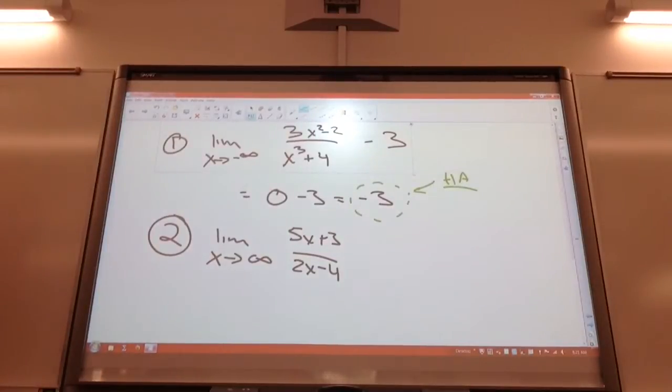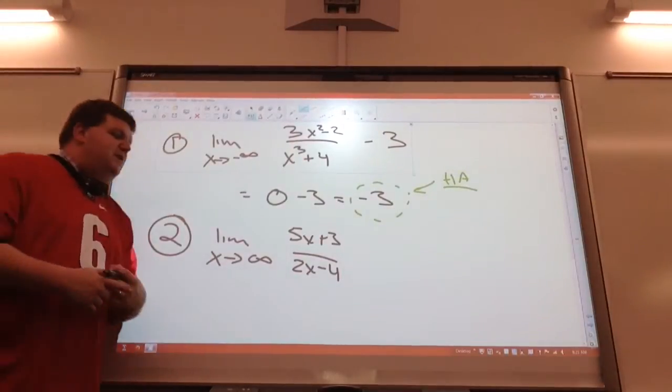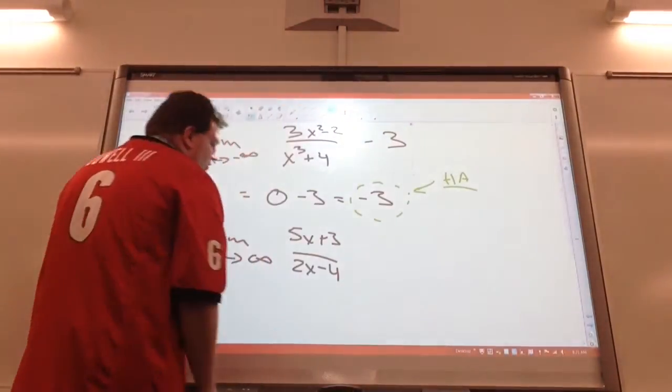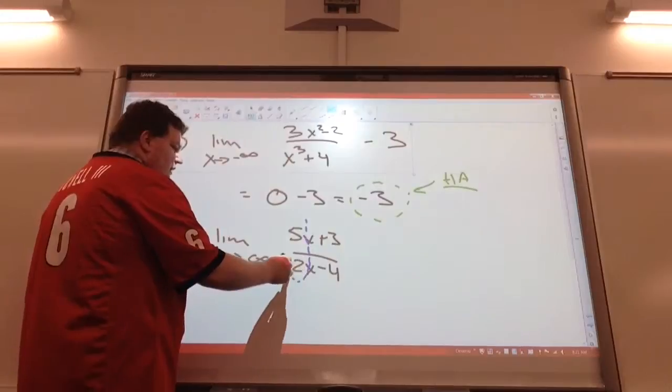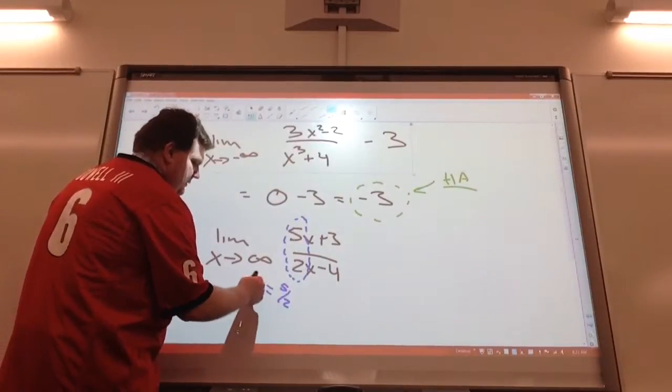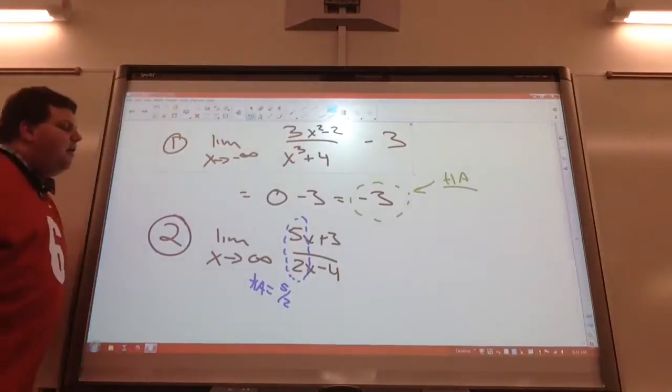In this case, to figure out what that constant is, you're going to do an extra step here. We remember from pre-calculus that the constant this thing will go to, the horizontal asymptote, is going to be 5/2. That's what we remember from pre-cal.